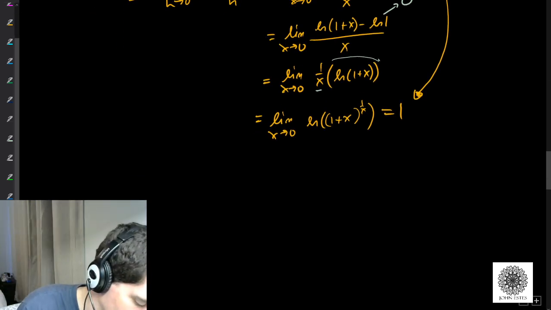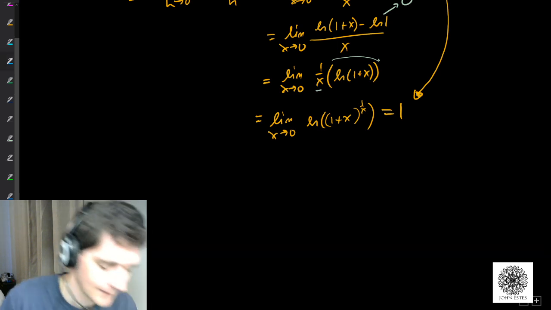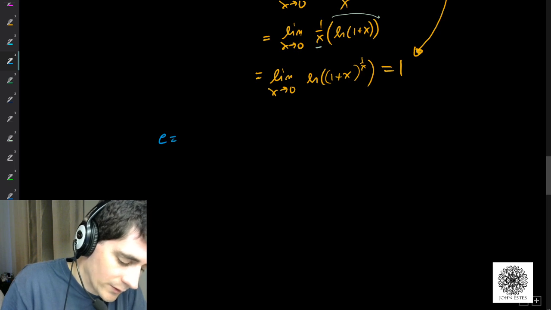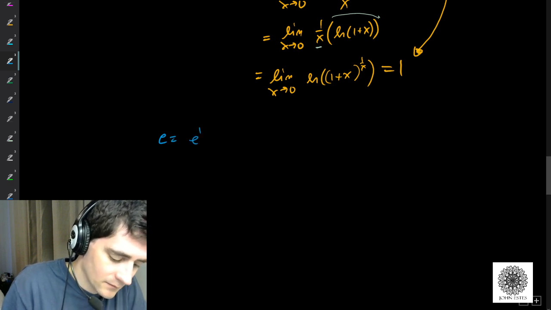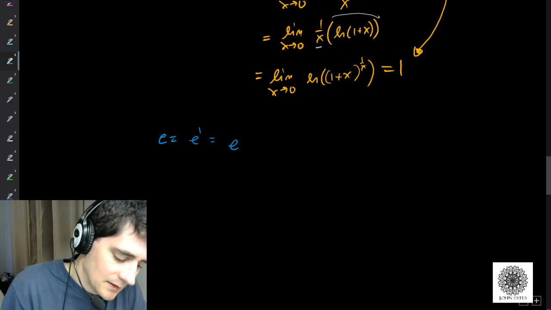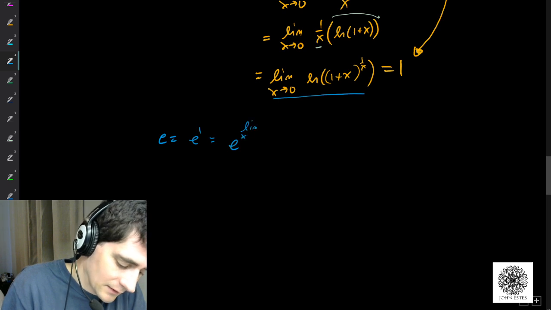This is neat. I'm going to change color. So now let's take e, which is e to the 1, right? According to what we just did, that is e to the limit as x approaches 0 of ln of 1 plus x to the 1 over x power.